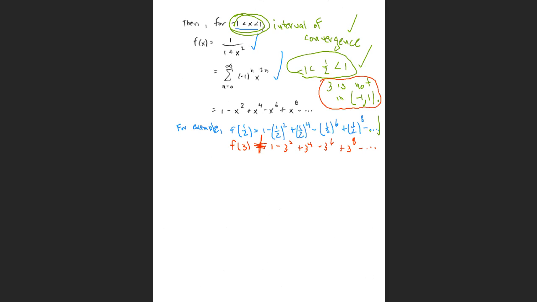But f of a half, you can use the power series, because we can use the power series at x equals a half to compute the function at x equals a half, because a half falls within the interval of convergence. Okay. So far, so good, class. Are there any questions on that?